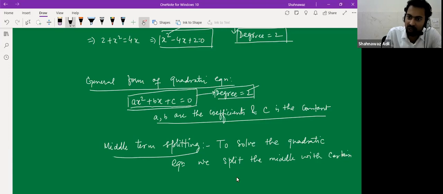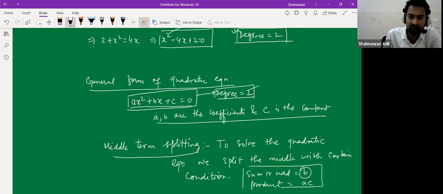And you know what those conditions are, right? That the sum, or addition, would be what? My b, right? And the product would be ac, right? So this we learned. Okay. Yes, sir.